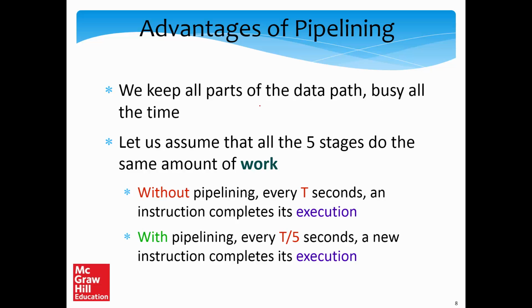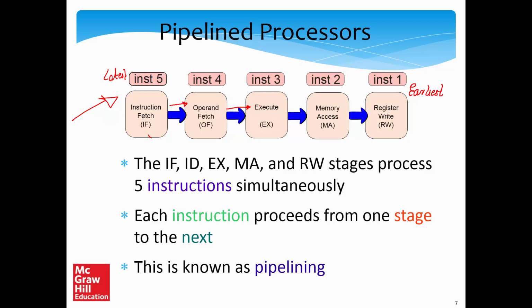The advantage of pipelining is that we are keeping all the parts of the data path busy all the time. So in this case, if the data path has 5 stages, the 5 stages are busy all the time. Similar to a car factory, no part of it is idle.